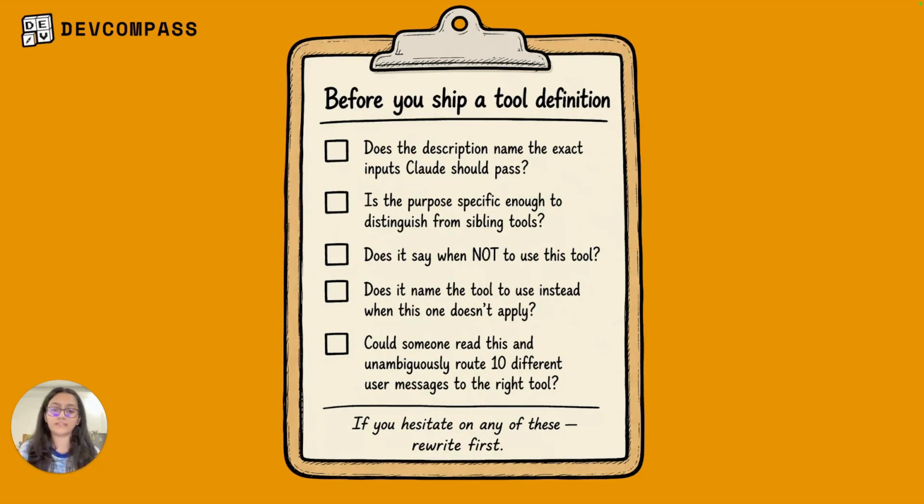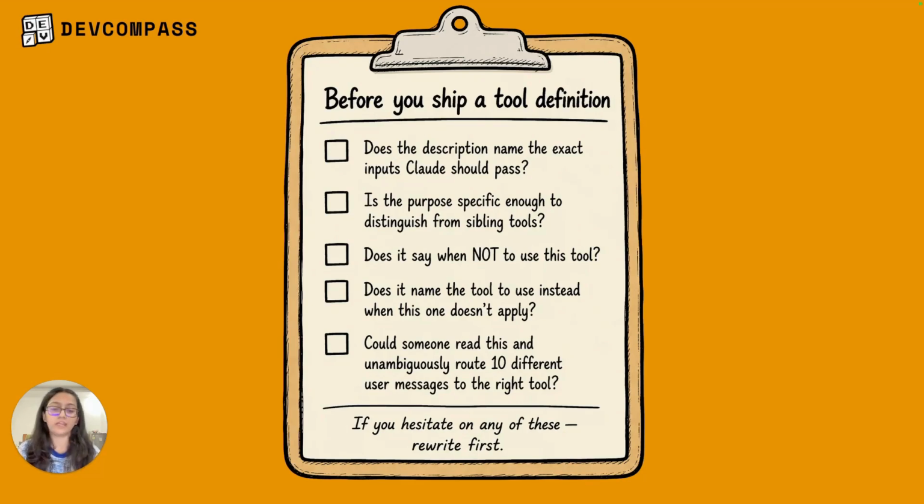Third, does it say when not to use this tool? Have you written a negative constraint? Fourth, does it name the specific tool to use instead when this one doesn't apply? Not just "use another tool." Does it say which one? Fifth, and this is the test I want you to actually run mentally: could someone read this and unambiguously and correctly route 10 different user messages to the right tool without any other context?